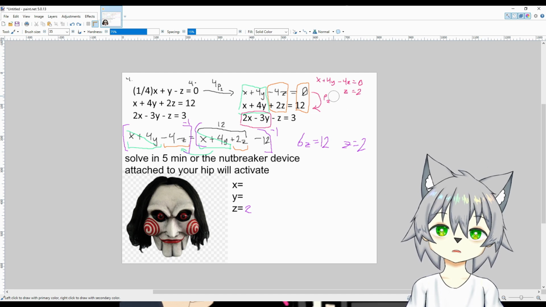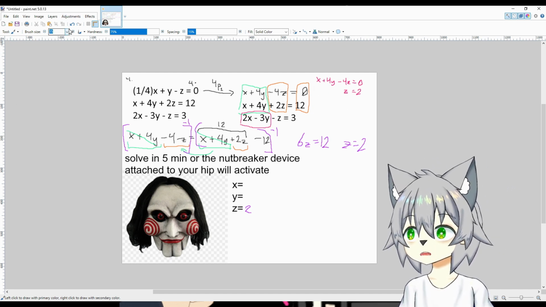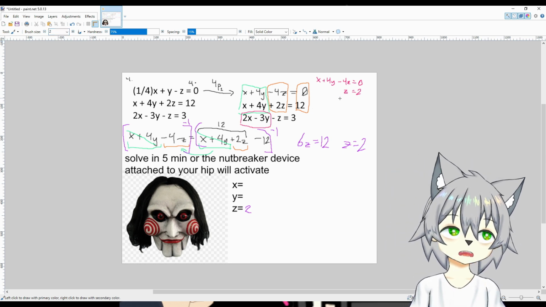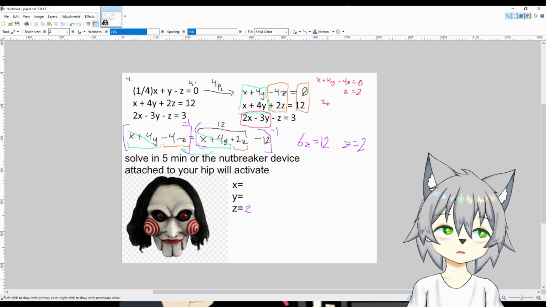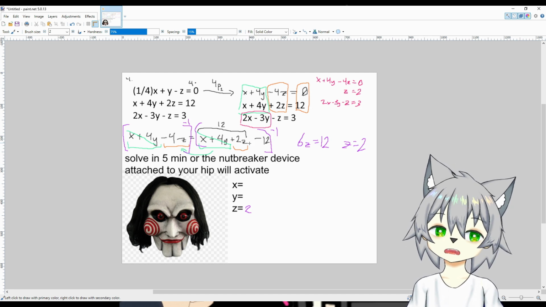Let's erase this real quick. You know what we did, so I don't think you need to worry about it too much. And we still have 2x minus 3y minus z equals 3. Now, what can we do here?